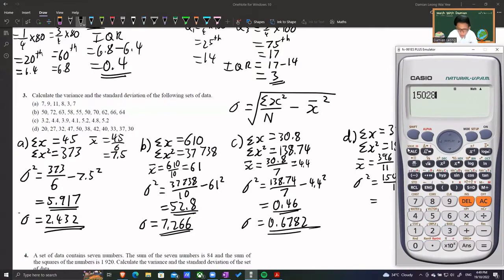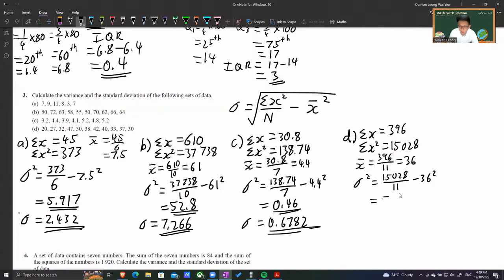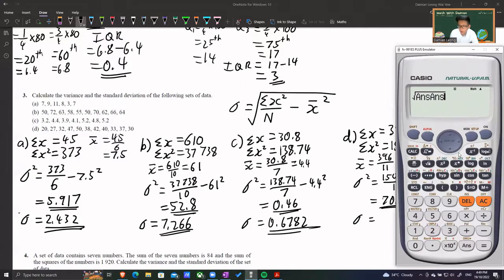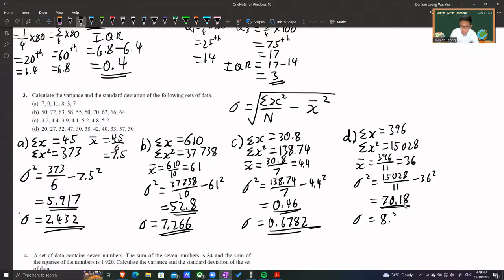So 15028 divide 11 minus 36 square. 70.1818, so 70.18. And the standard deviation, square root of that, I get 8.3774, so 8.377. Yeah, that's how we calculate variance and standard deviation.